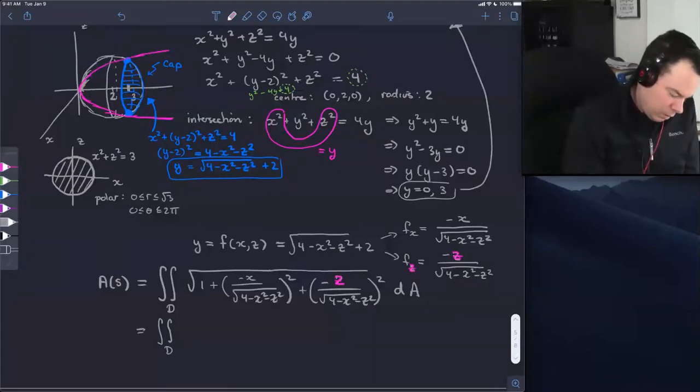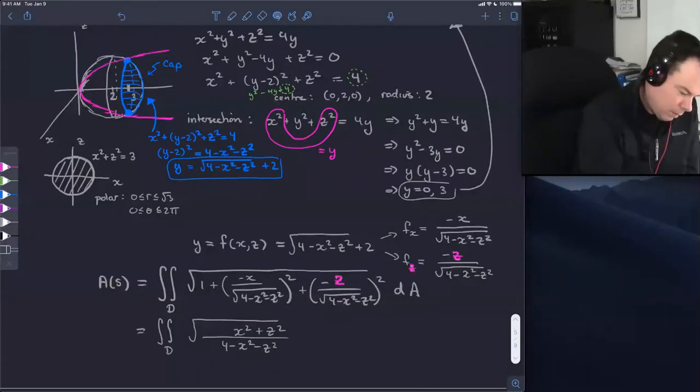And so then our integrand becomes, we're going to get an x squared, we're going to get a z squared, we're going to get that common denominator of 4 minus x squared minus z squared, because they're both being squared.